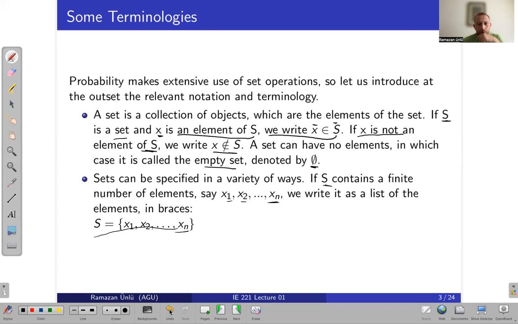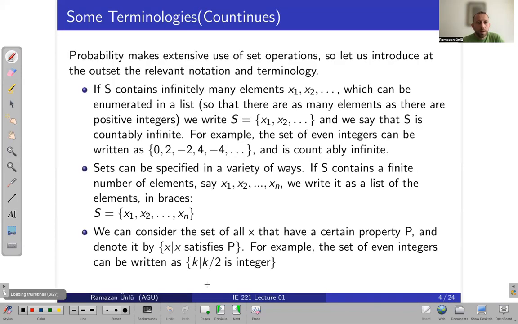So these are the elements and this is the set S. We will do some operations related to sets. Let's continue with the terminologies.